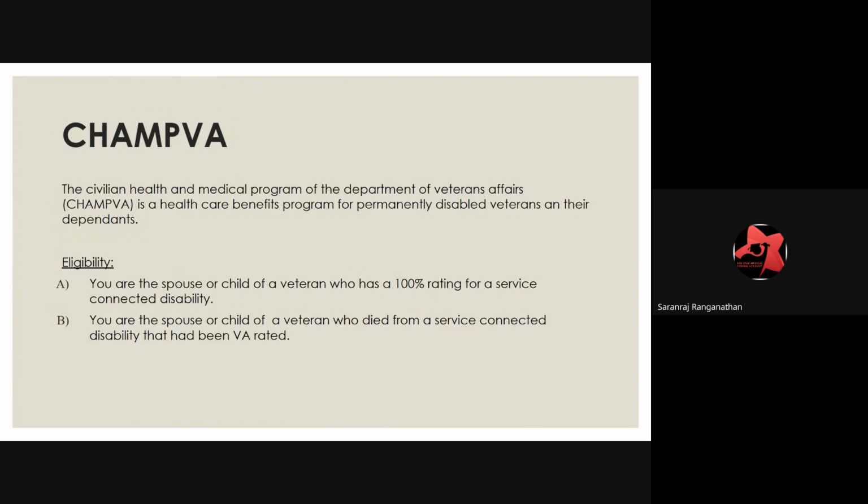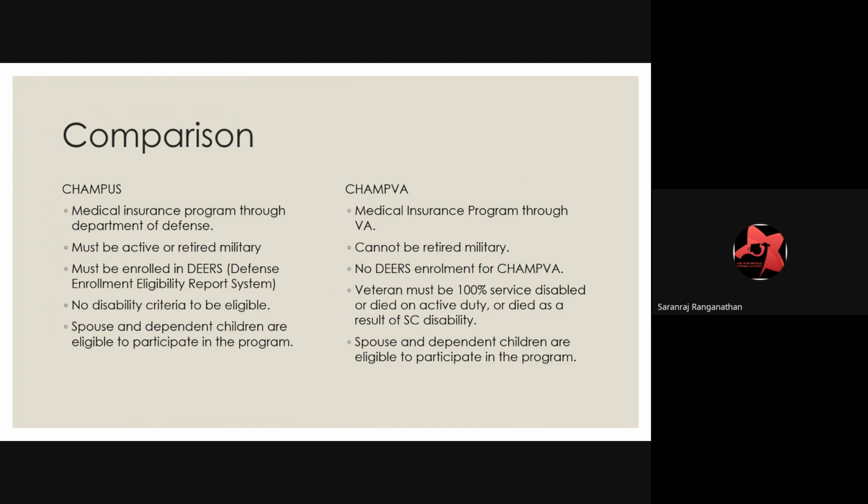Eligibility: you are the spouse or child of a veteran who has a 100% rating of service-connected disability. Or you are the spouse or child of a veteran who died from a service-connected disability that had been rated by Veterans Affairs.